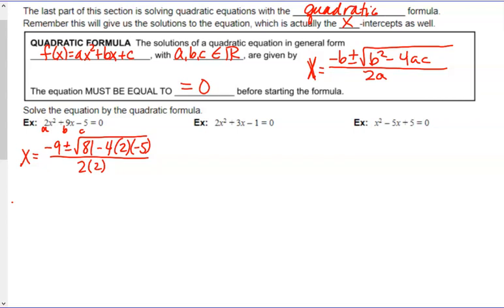You just plug numbers in. So here we have to clean up what's inside that square root. Notice, 4 times 2 is 8 times negative 5 is a negative 40. So really I get 81 minus a negative 40 inside there. And this double negative becomes a positive. 81 plus 40 is 121, all over 4.